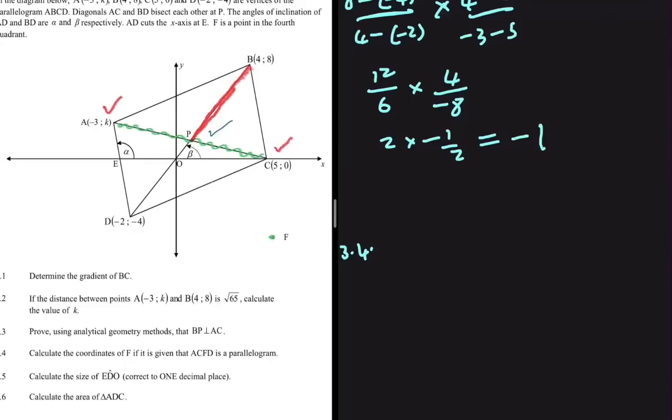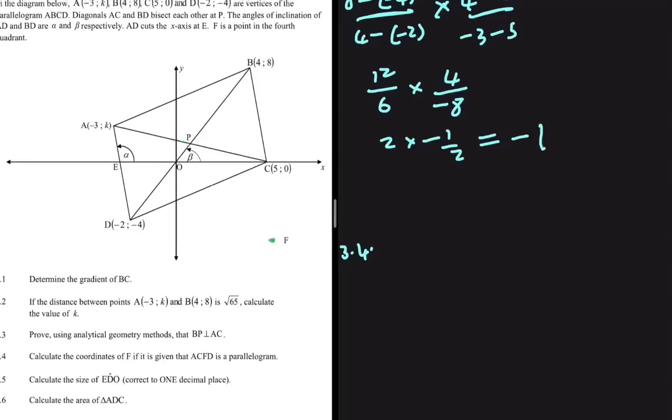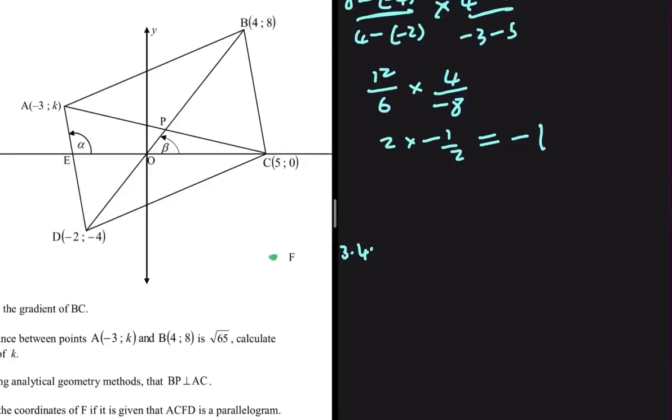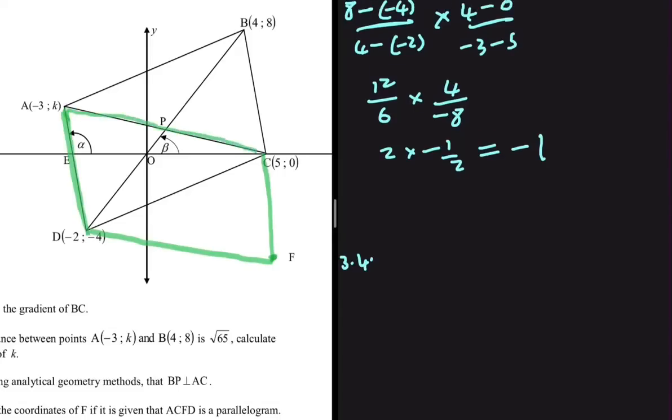If it is a parallelogram, let's go ahead and connect those points: C and F, and then D and F. Yeah, we have something like this as our parallelogram, right? So in order to find the coordinates of F, we can use the midpoint of DC as it will be the midpoint of AF, but that is a painful exercise.